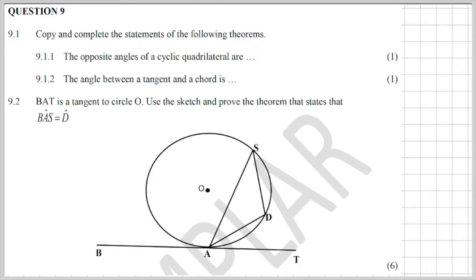When we look at question 9.1, it says copy and complete the statements below. First of all, the opposite angles of a cyclic quadrilateral are, drum roll please, supplementary.